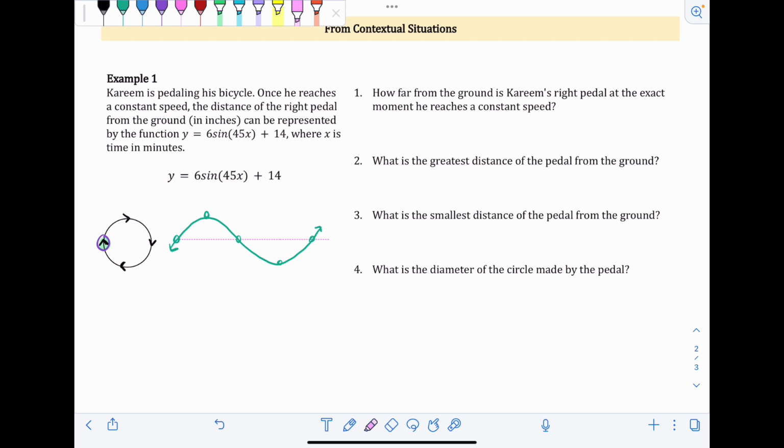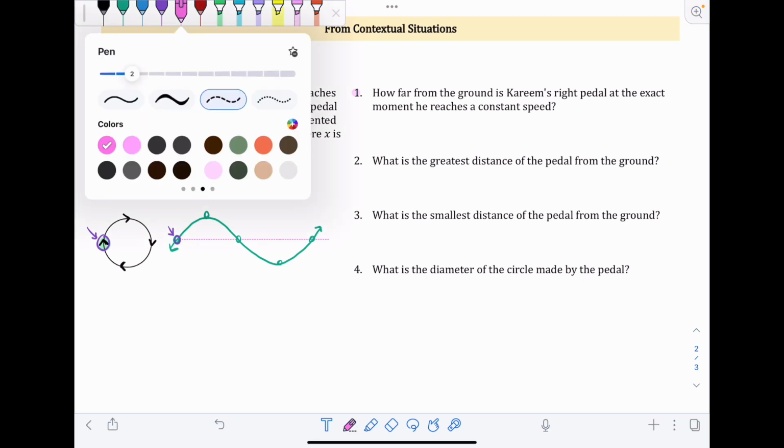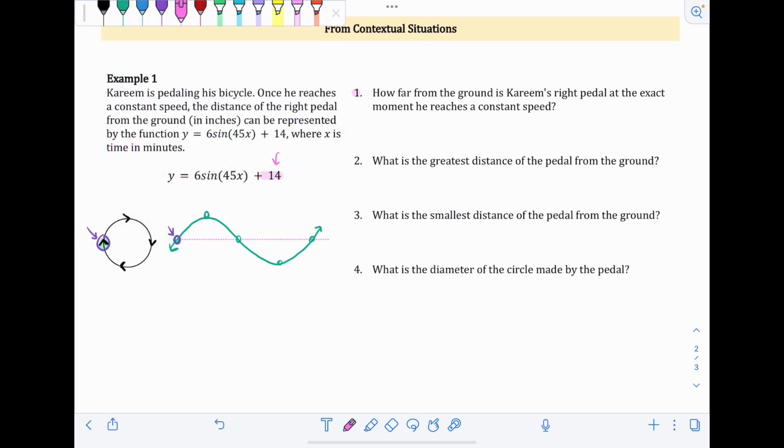Okay, so number 1, how far from the ground is Kareem's right pedal at the exact moment he reaches his constant speed? So we know that that is this moment right here. It's also the starting point on our graph, which I know we don't have any numbers on yet, but we do know this point because we can find the midline from the function, and that point is on the midline. So when you're looking at a function, the midline is the number that's added to the end. It's plus k, so that's our midline.